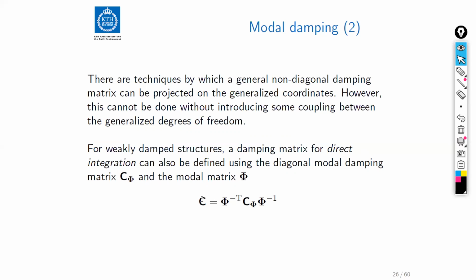But this matrix will be full. This should be noticed here, since this transformation is operating on a diagonal matrix. This viscous damping matrix will be full, and that's much more than what you would get from the finite element discretization. So the finite element discretization gives us, in general, sparse matrices.